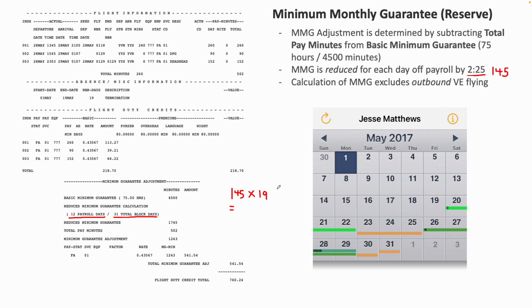So when multiplying 145 by 19, we get a total of 2,755 minutes. That number is not explicitly shown when you look at your flight summary, but you can always do the math on your own as long as you see how many days that you are shown as on payroll.